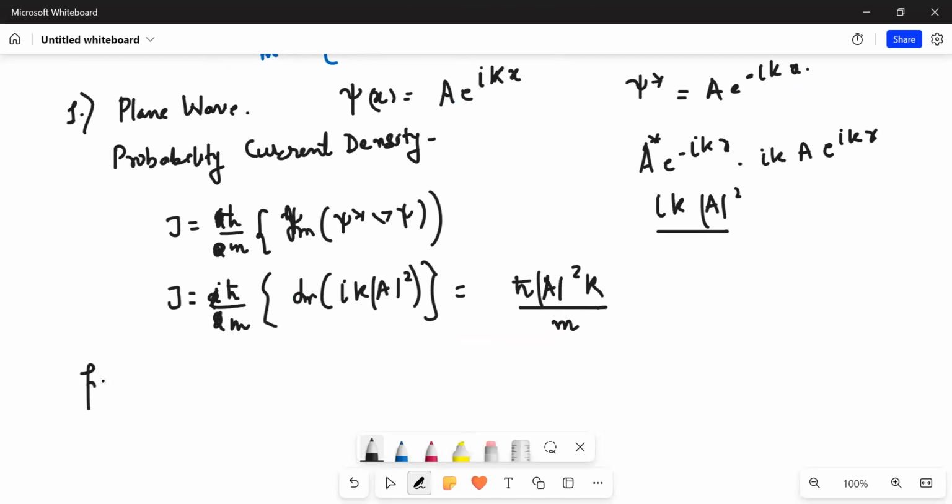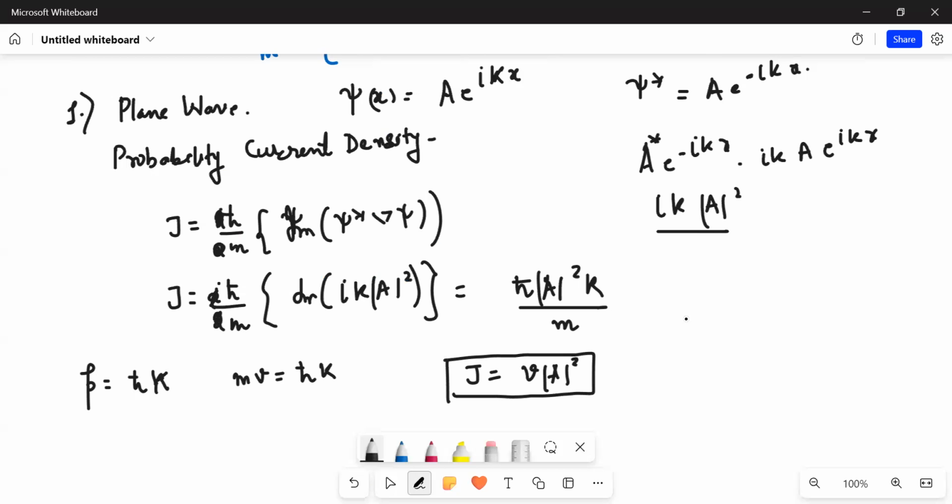The linear momentum is ħk, which I can write as mv. So J will be equal to v times modulus of A squared.